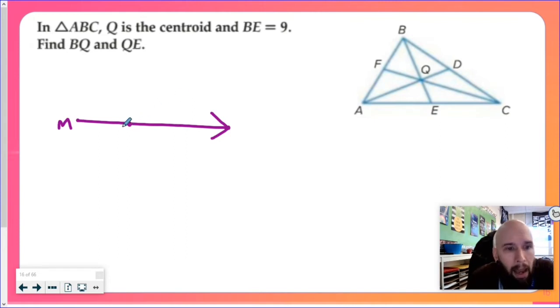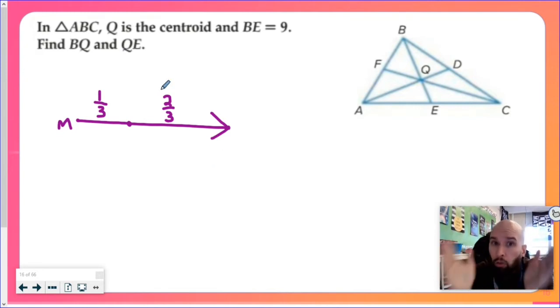That point from M, your midpoint, to the centroid is 1/3 of the entire length, which makes the centroid to the angle 2/3 of the entire length. So if I have a centroid, I have an entire line, and a chunk of that is 1/3 of the entire line, and another chunk is 2/3.